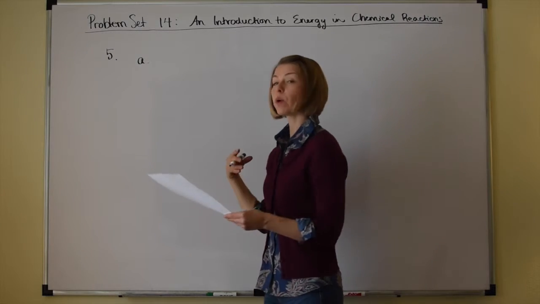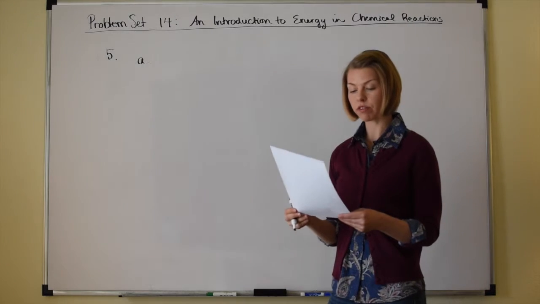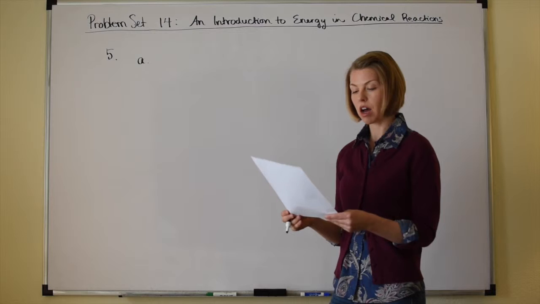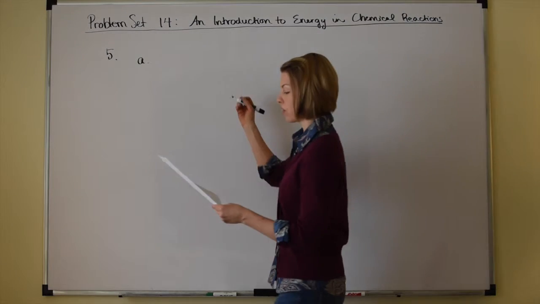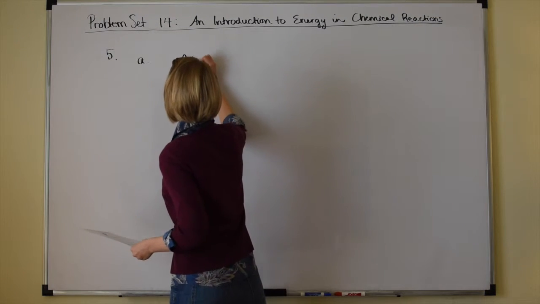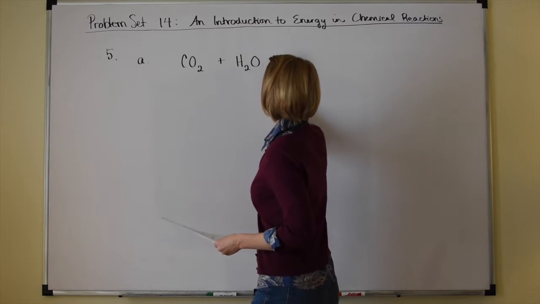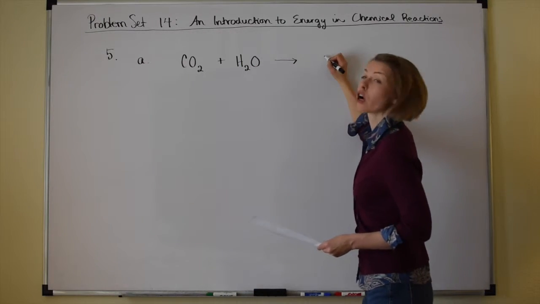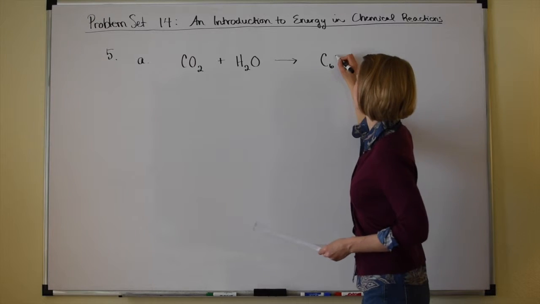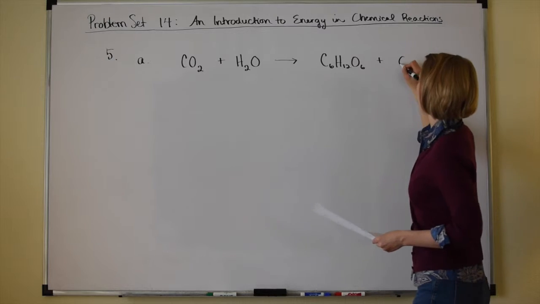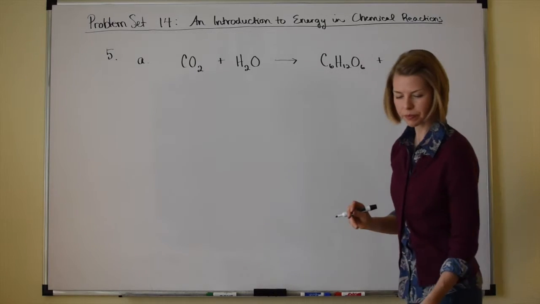All right, so we are given all the information needed to write a balanced equation in the description on number 5. So we're told that carbon dioxide and water combine to form glucose, and you're given that formula, C6H12O6, and oxygen, O2.